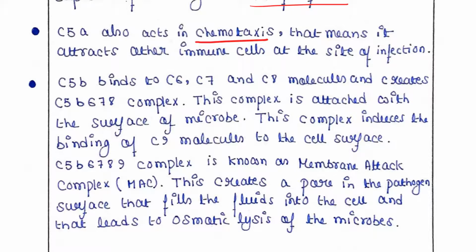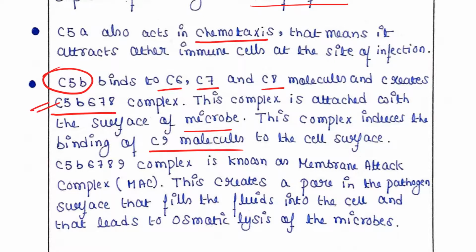C5b binds C6, C7, C8 molecules, and all of them combine to form the C5b-6-7-8 complex. This complex is attached to the surface of the microbe. And this complex induces the binding of C9 molecules to the cell surface.